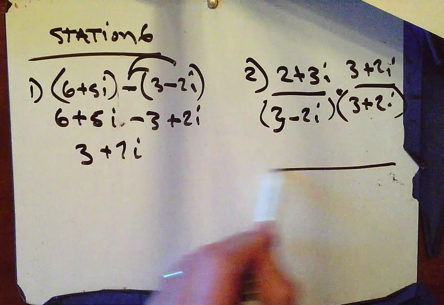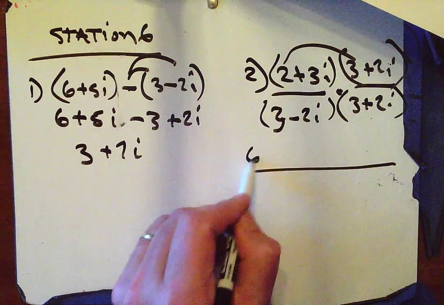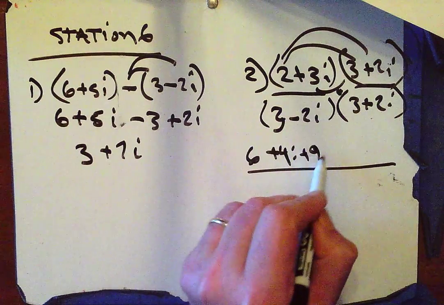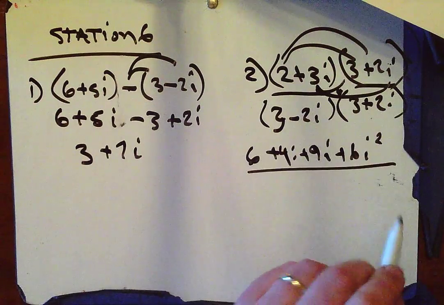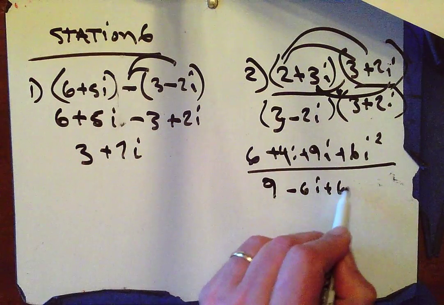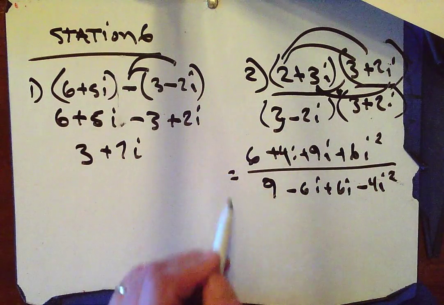Well, if I FOIL on top, I get 2 times 3 for 6, plus 4i, plus 9i, plus 6i squared. And on the bottom, I get 9 minus 6i, plus 6i, minus 4i squared. Well, how does that tidy up?